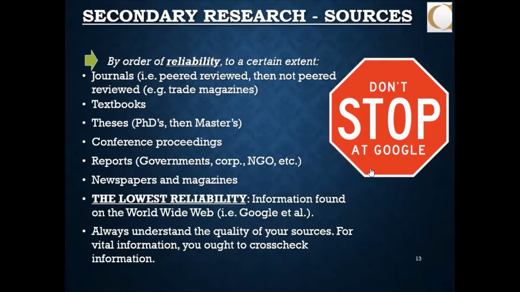So journals, peer reviewed and not peer reviewed, textbooks, theses, any theses from other people you can use. Conference proceedings are good. Reports. I wouldn't recommend newspapers and magazines because they're very biased and they have really bad information. Just stay away from this because they're very flawed and biased.